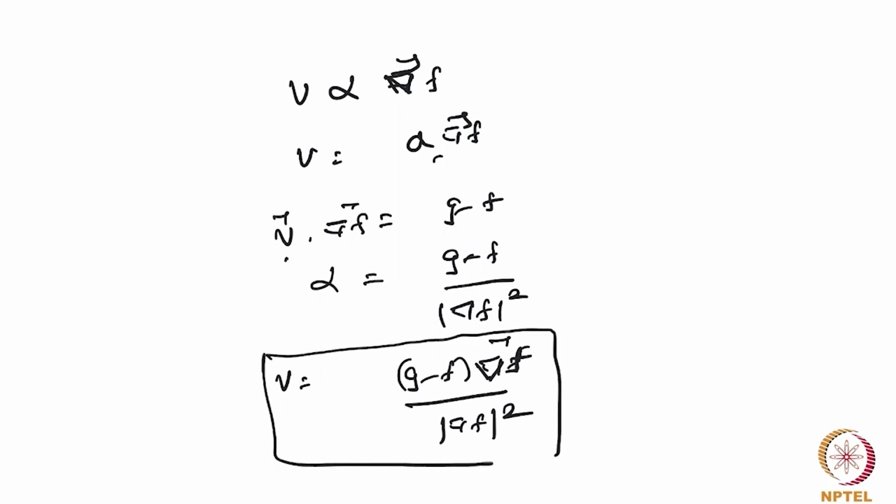Okay, now there are some problems with this equation, because it can blow up: when the gradient of F is very small, you can get very large errors. So there is some form of normalization, or in this case some regularization of this expression, wherein instead of just using this, you have an additional term.